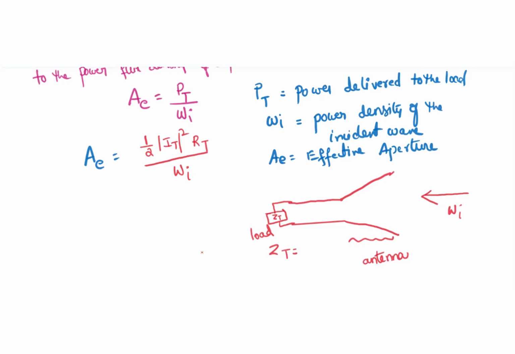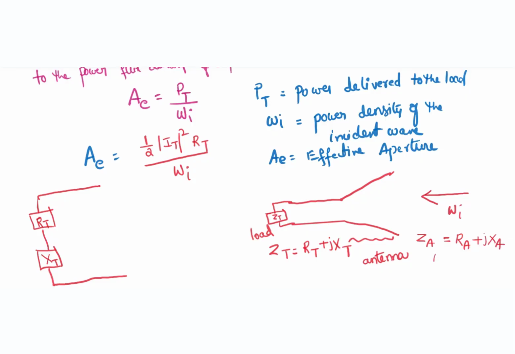It consists of RT plus JXT. Actually, the equivalent circuit of this is like this: RT, XT. For the antenna, we know the antenna has the impedance ZA, which is RA plus JXA, where this RA is RR plus RL.